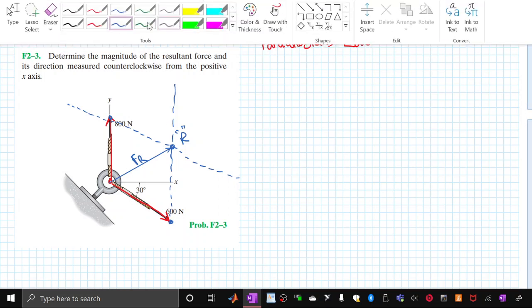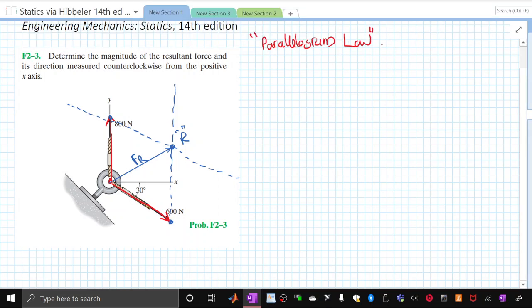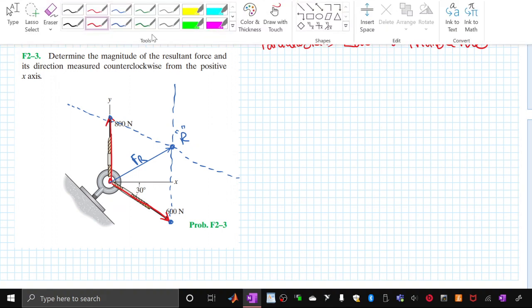Now after this one, we're going to apply something called the triangle rule, which is basically the same thing as the parallelogram law, but it's like a subdivision, a subset of the parallelogram law.